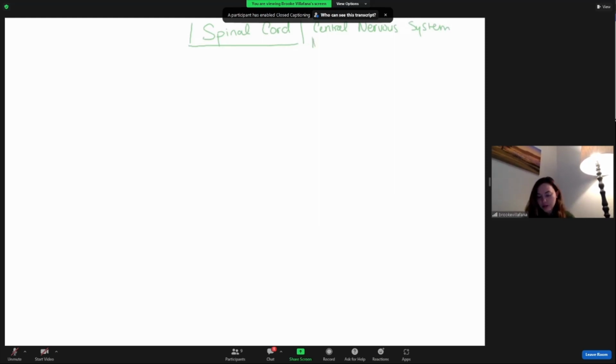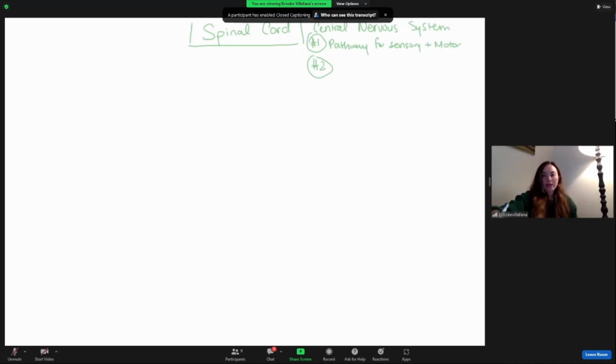It has two functions. The first function you guys kind of already know, right? It is a pathway for sensory and motor information, right? You sense something and it travels up the spinal cord to the brain.